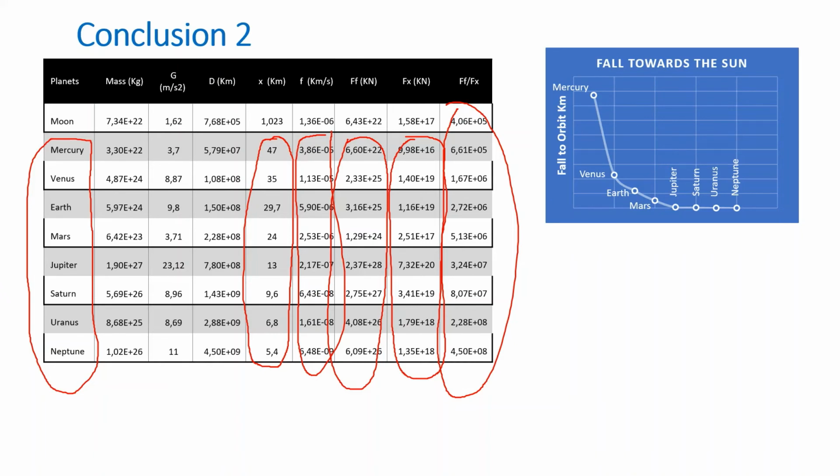That means that the fall to the orbit is greater for the planet Mercury, and there is less force being used by the sun to keep Neptune in its orbit and falling down to its orbit.